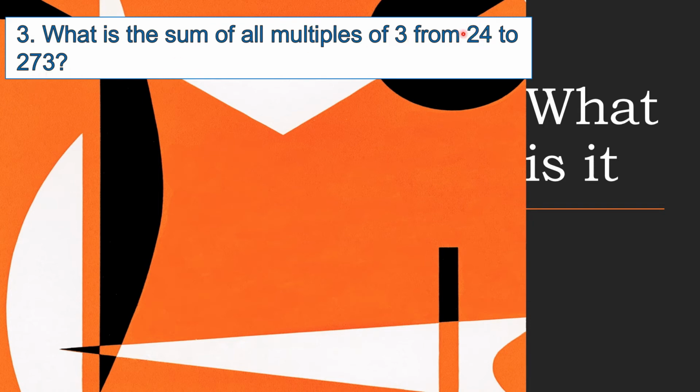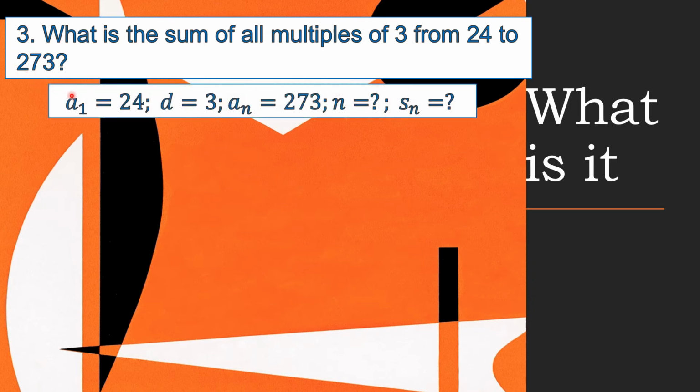So, since yung 24 ay divisible sa 3 or multiple siya ng 3 at ang 273 ay multiples din ng 3, ito ang ating magiging first term at ito ang ating last term. Ang a sub 1 natin rather ay 24 at ang ating last term ay 273. At ang common difference natin ay 3 since we are going to find the sum of all multiples of 3.